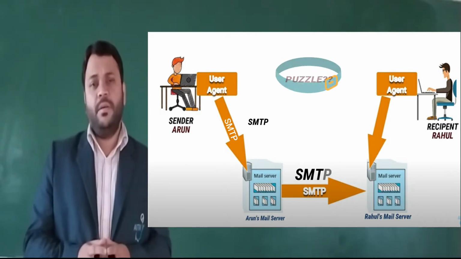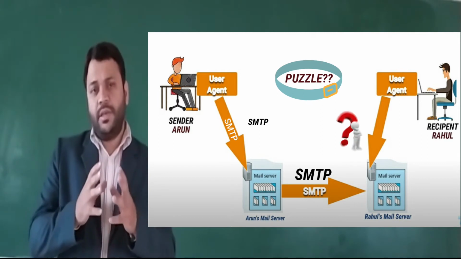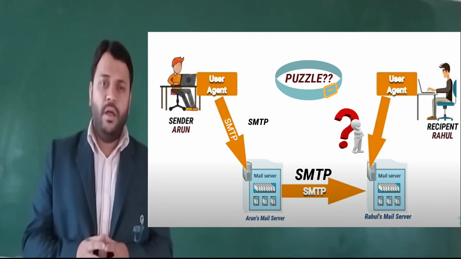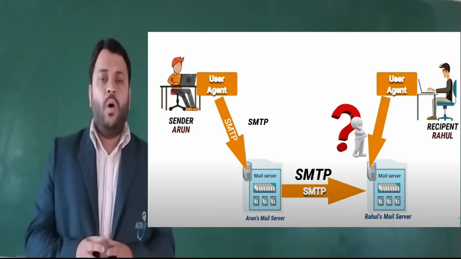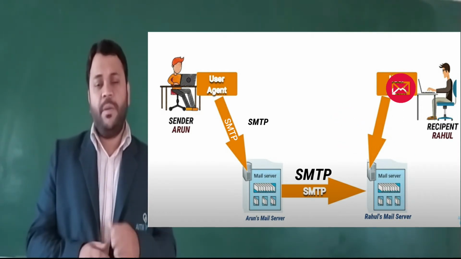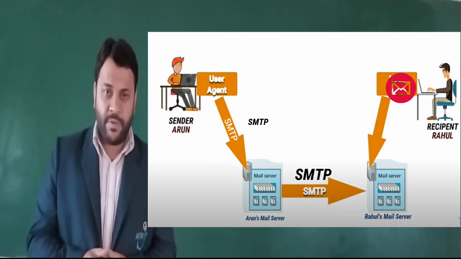But here there is a puzzle. How does a recipient like Rahul, running a user agent on his local system, obtain the messages which are present in his mail server?